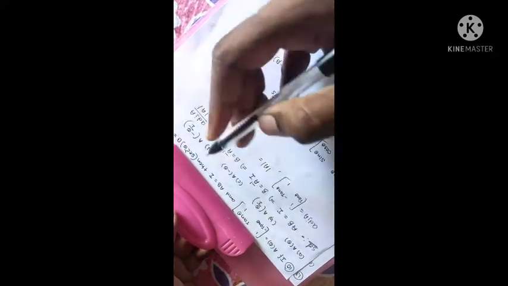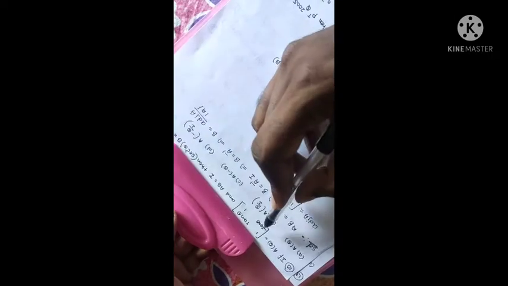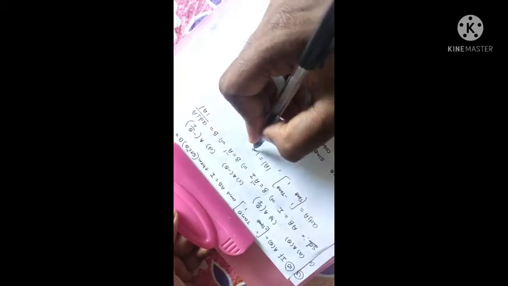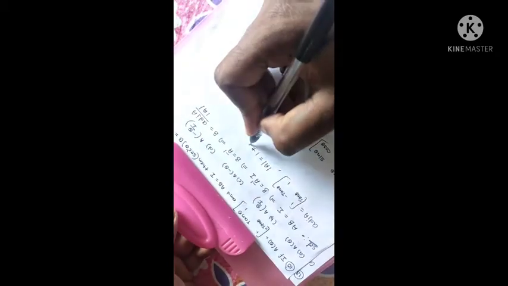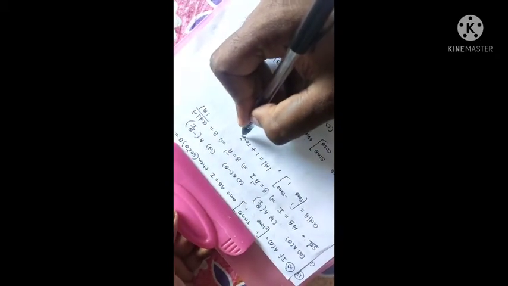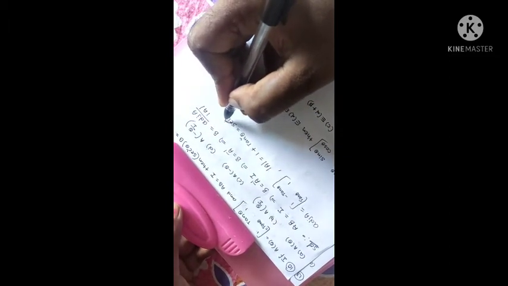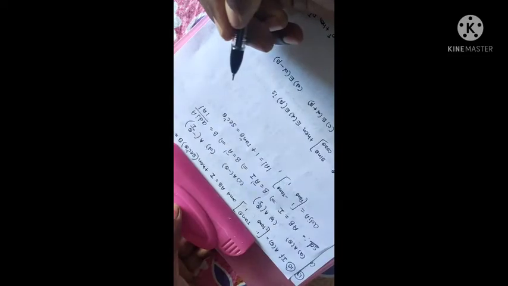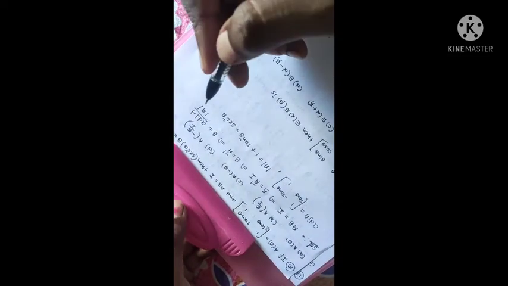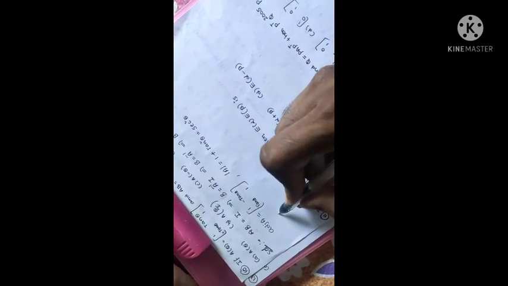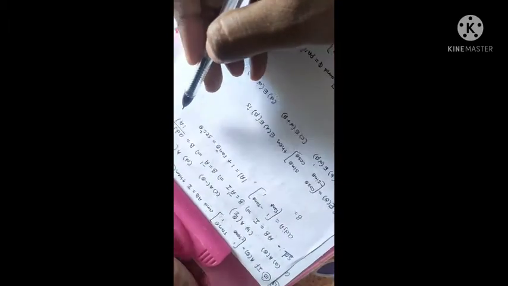Next I am finding det A. How to find det A? First we need to multiply 1 into 1, minus minus plus, tan into tan, which is tan square theta. 1 plus tan square theta is nothing but secant square theta. Okay, now what is the B matrix?